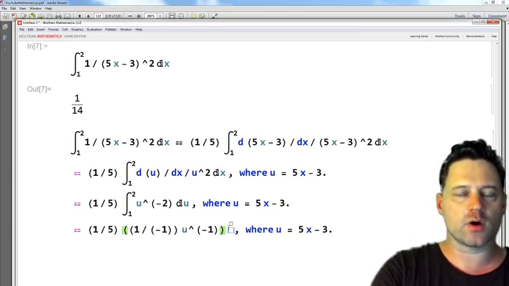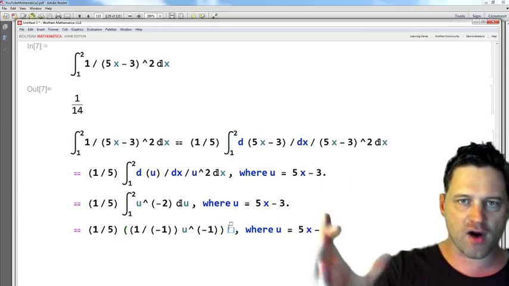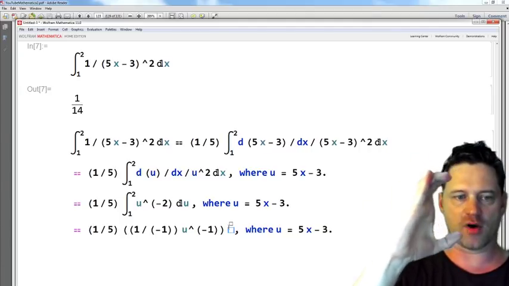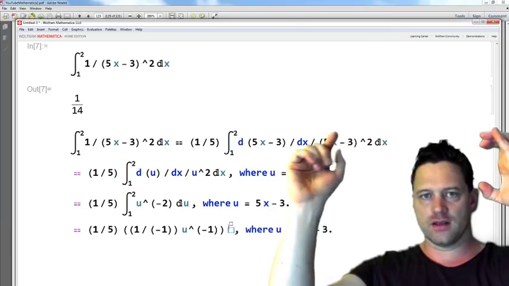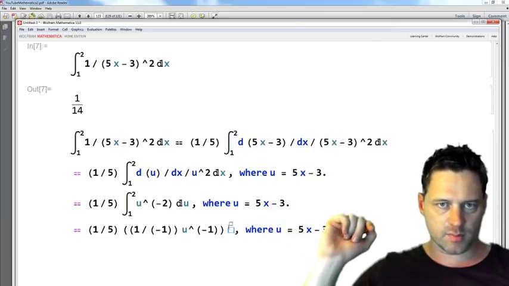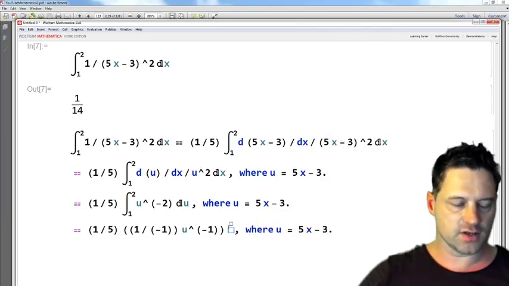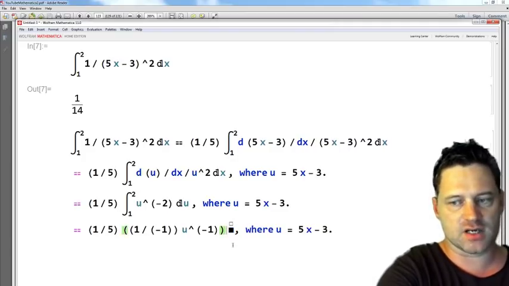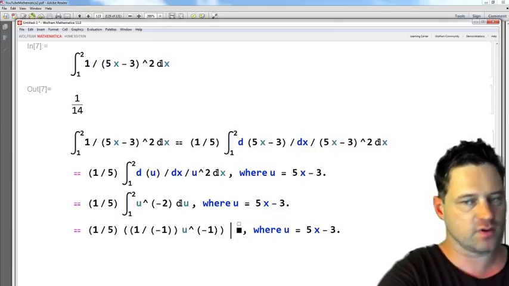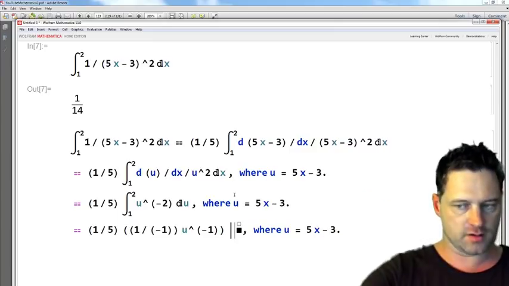Normally what we do is we put a square bracket around, and then on the right we put the bottom number and the top number to indicate what we're doing, once we have integrated. But you can sometimes abbreviate that with a bar on the right.